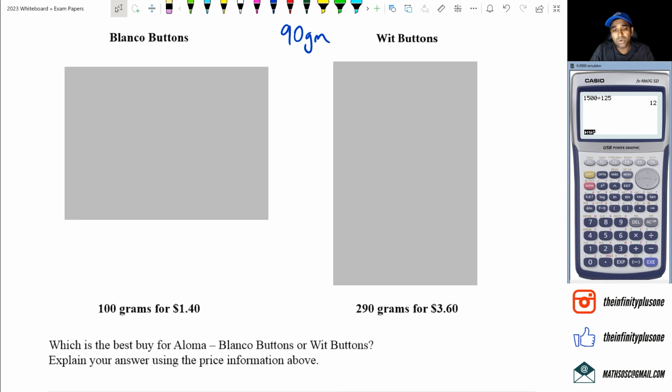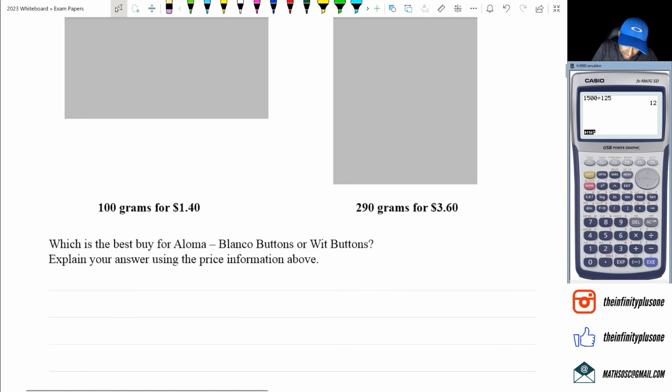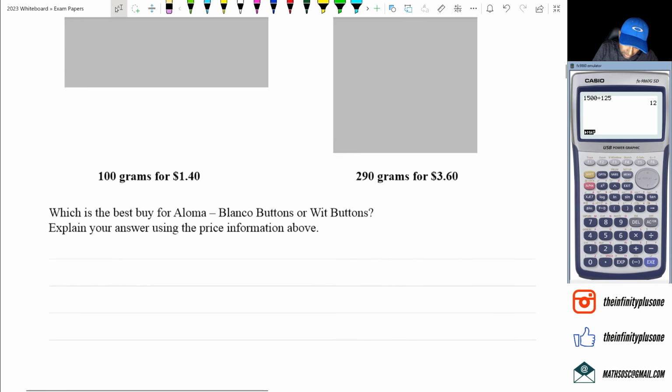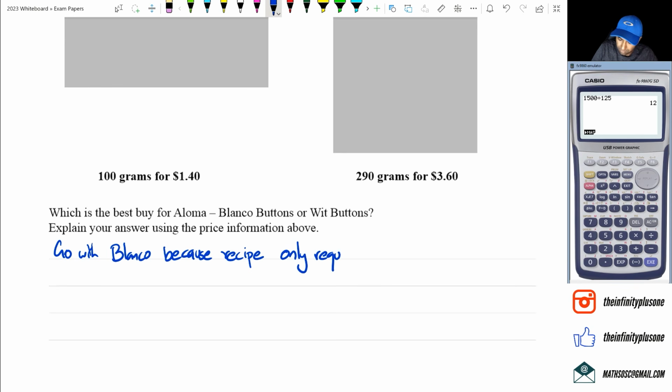So there are actually 2 different options you could go for in this case. Looking at it from a cost perspective, option A, let me just write it down, is to go with Blanco, because the recipe only requires 90 grams, and it's the cheapest option.